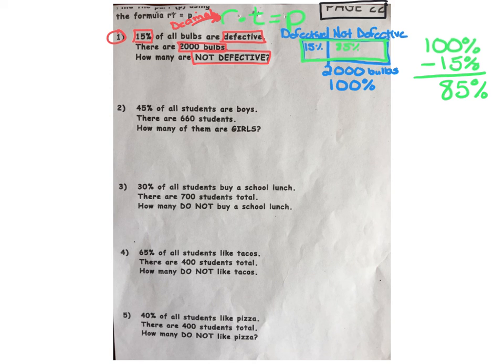Let's convert both of these rates to their decimal equivalent. The rate for the defective bulbs is 15%. But if I convert that to a decimal by taking that decimal point and moving it 2 places, as a decimal, the rate is 0.15.